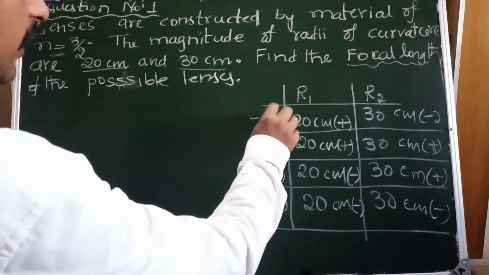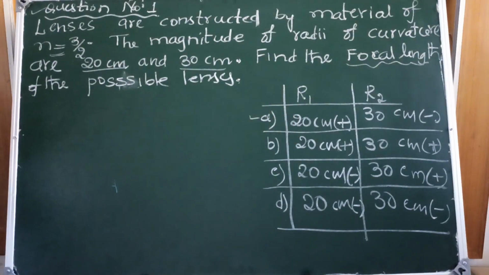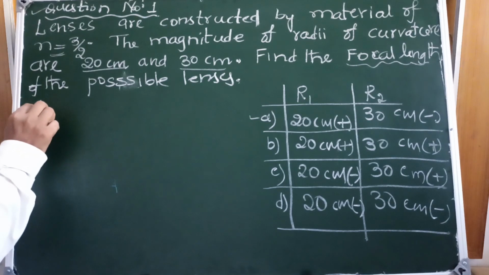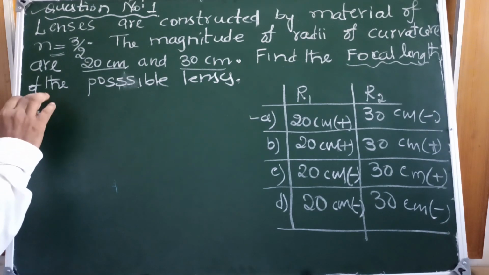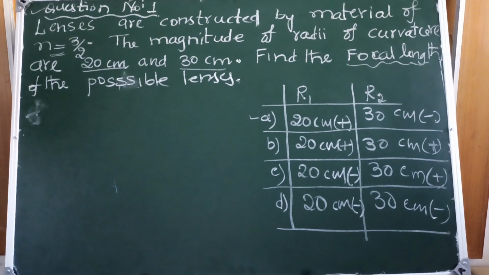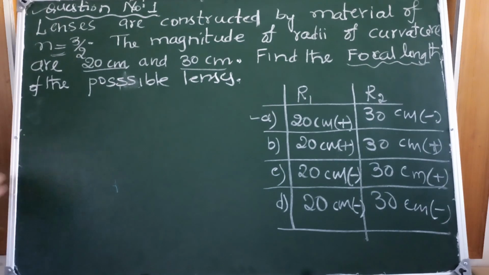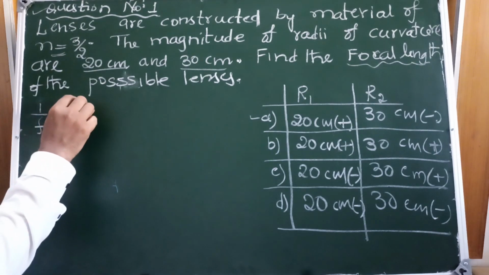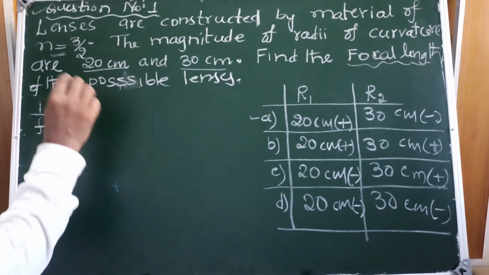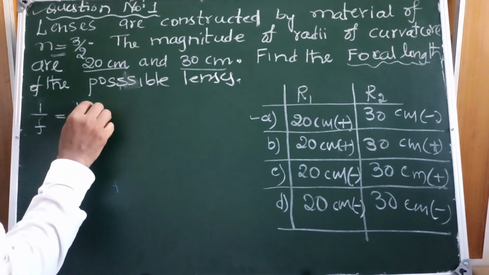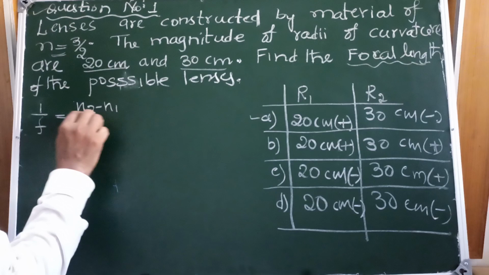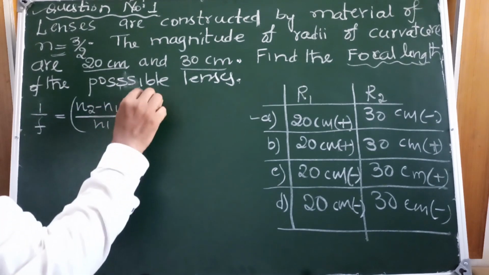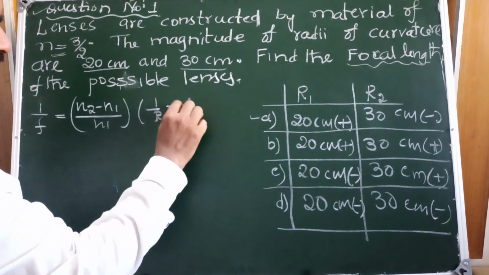Now let us try to solve. Our duty is to find out what is unknown. Here the major unknown is the focal length. The focal length formula is given by 1 by f is equal to (n2 minus n1) divided by n1 into (1 by R1 minus 1 by R2).